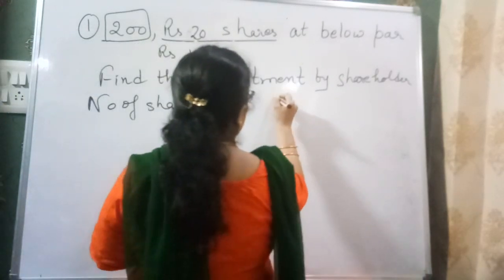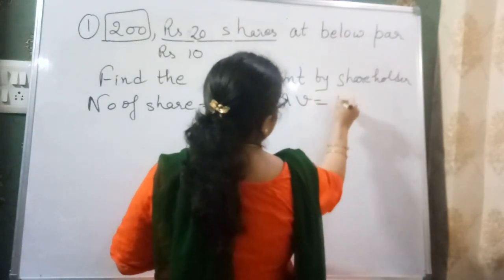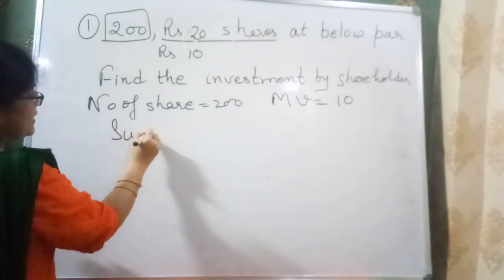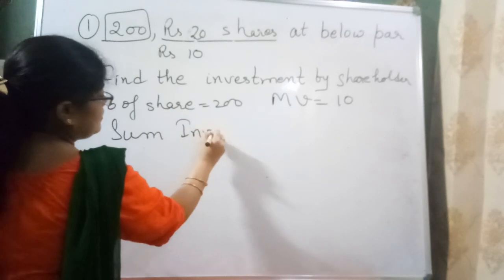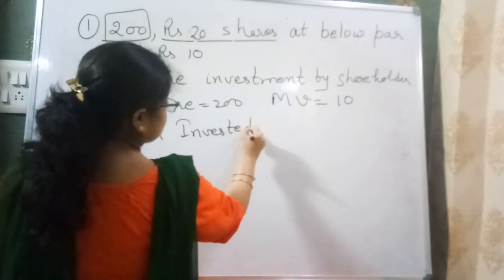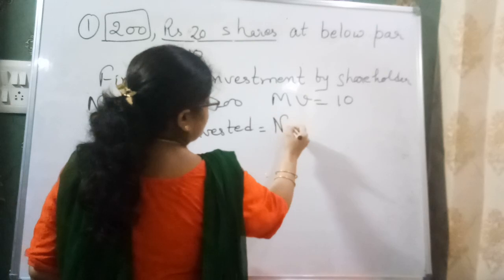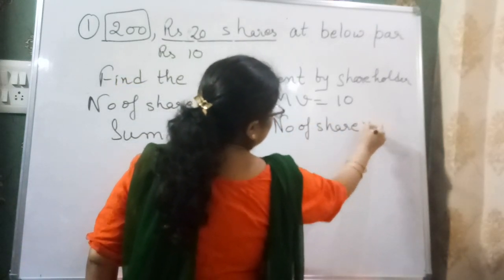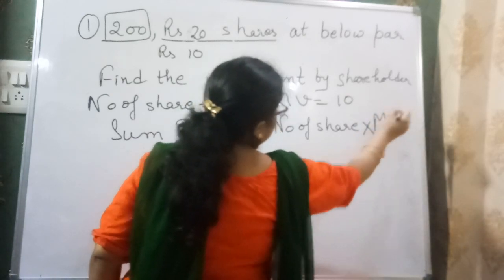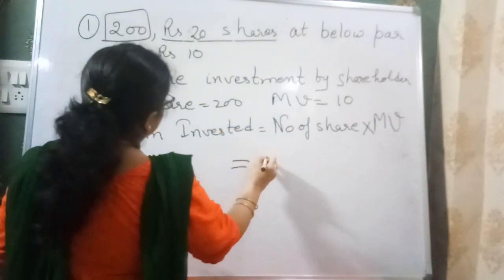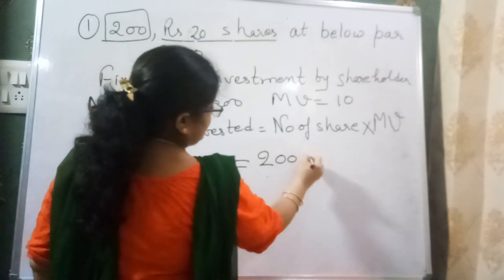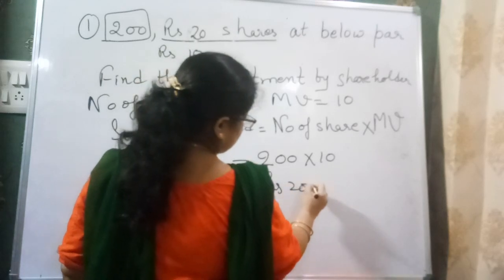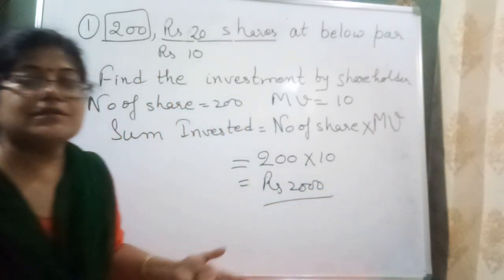Tell me. The sum invested by the shareholder is the product of the number of shares and the market value of the share. That is 200 into 10, which means rupees 2000.